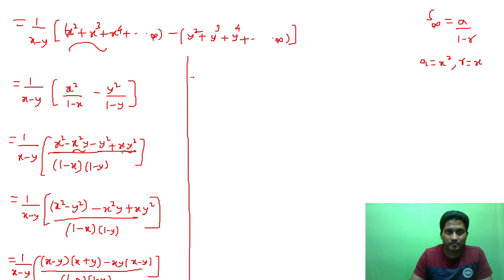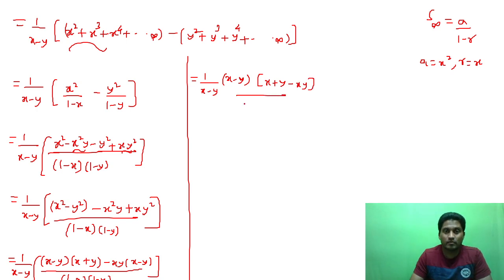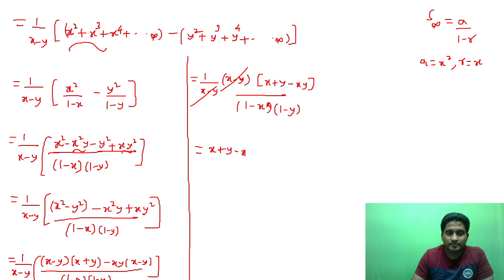So this becomes 1 upon x minus y, here I take x minus y common. Left out is x plus y minus xy, and then whole divided by 1 minus x into 1 minus y. So this x minus y will get cancelled. That's the answer, guys. Answer is x plus y minus xy upon 1 minus x into 1 minus y.